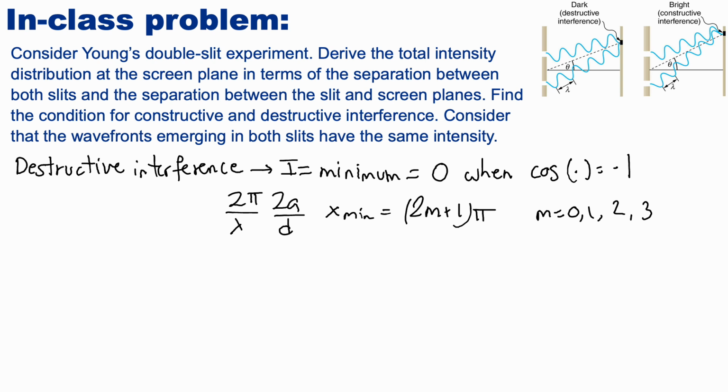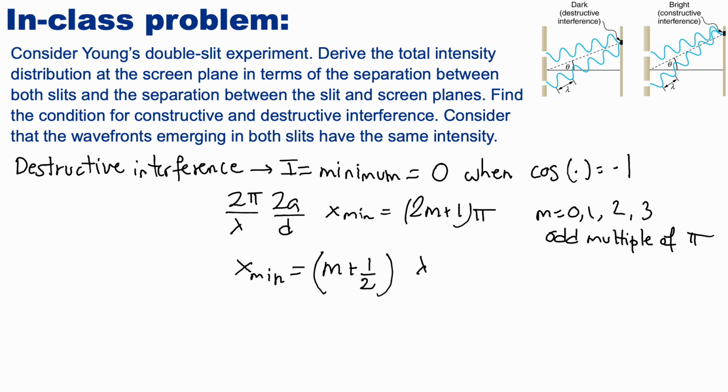So the location of the minimums is m plus 1 over 2 times lambda d over 2a, where the 2 can go to the other side, and we cancel the 2 if we write here 1 over 2.